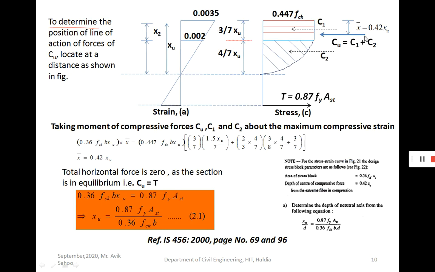Suppose the line of action of the resultant force passes through the CG of this stress block. So you have to find the CG distance from the topmost fiber. Suppose the distance is denoted x bar, from the topmost fiber. Now we verify how this value comes, that I check. It is also given in the code.